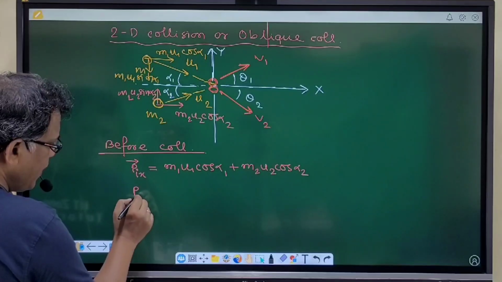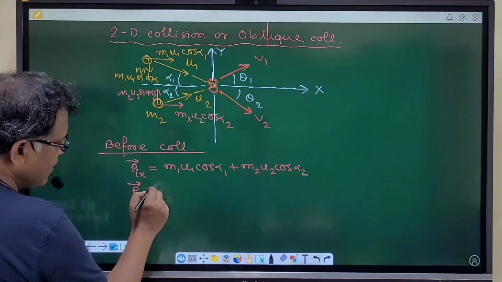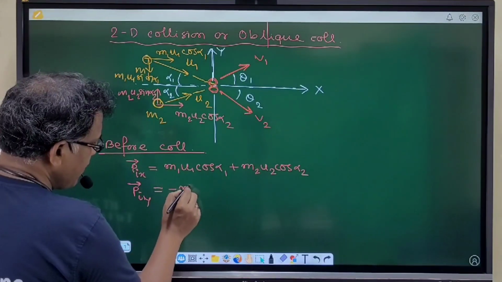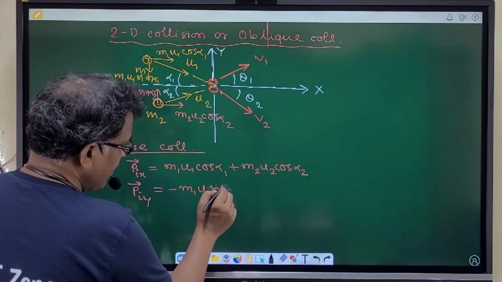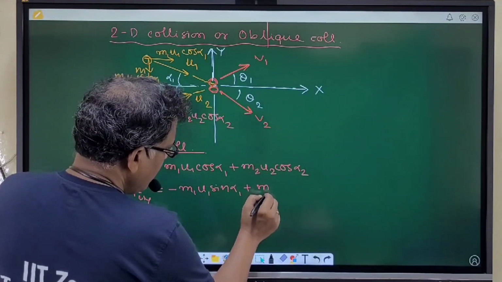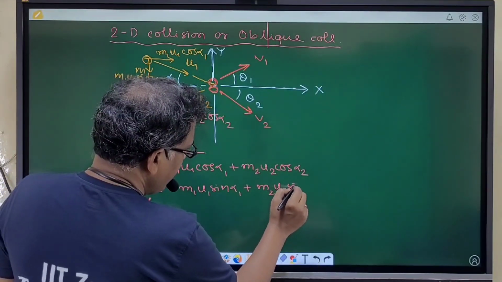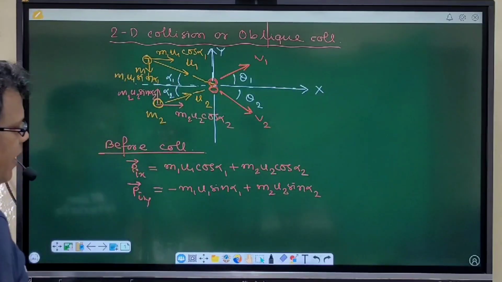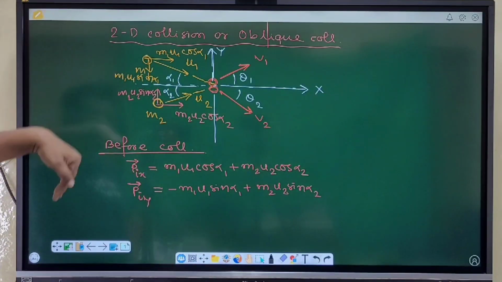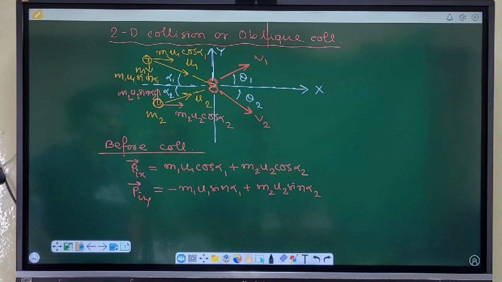And for P initial y along the y direction, I will write minus m1 u1 sin alpha 1 plus m2 u2 sin alpha 2. I hope you are understanding. The negative for the first particle is because it is taken downward, and positive for the second particle because it is upward, right?